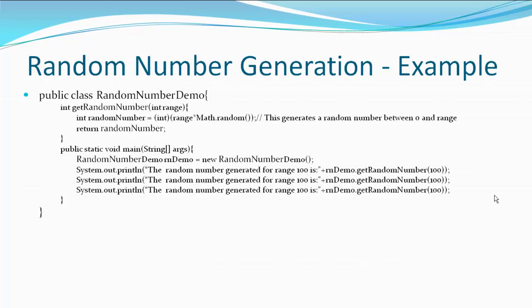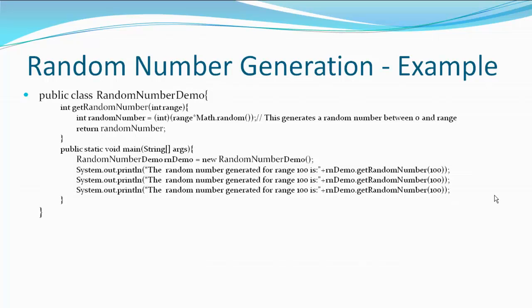We have a randomNumber variable which is of type int, followed by the assignment operator. After that, we are making use of the random method using Math.random, and it has been typecasted with type int. This generates a random number between 0 and the range that is given as input argument.